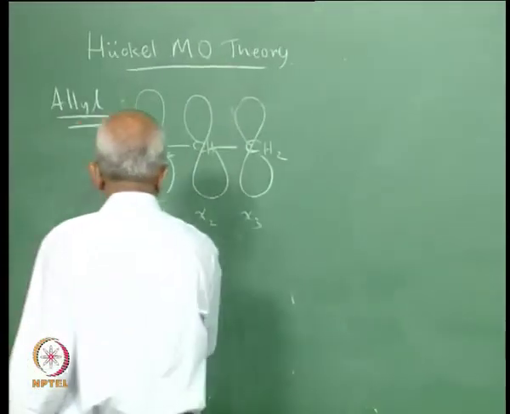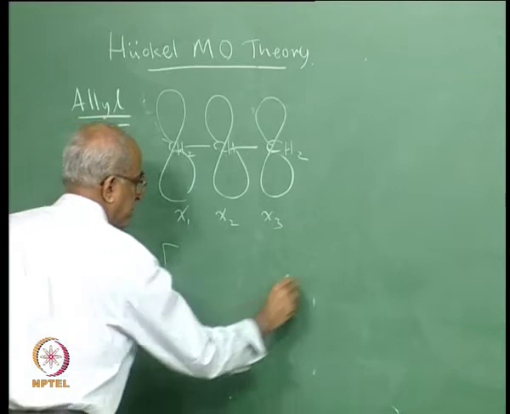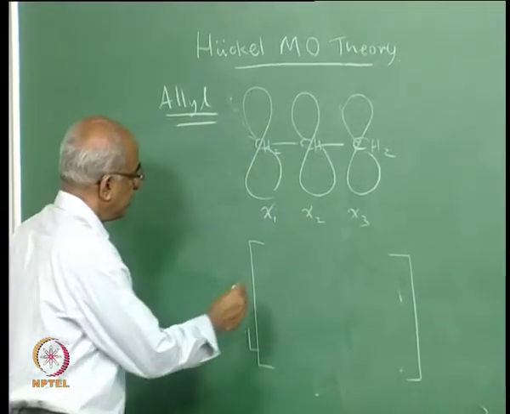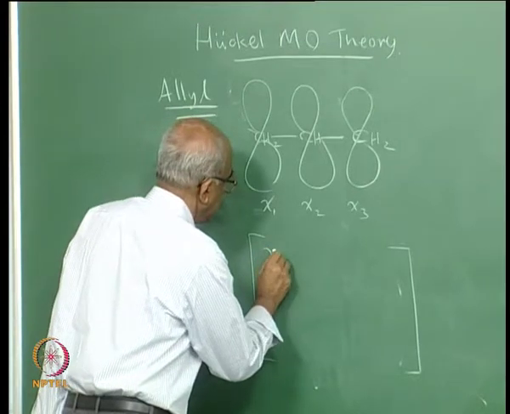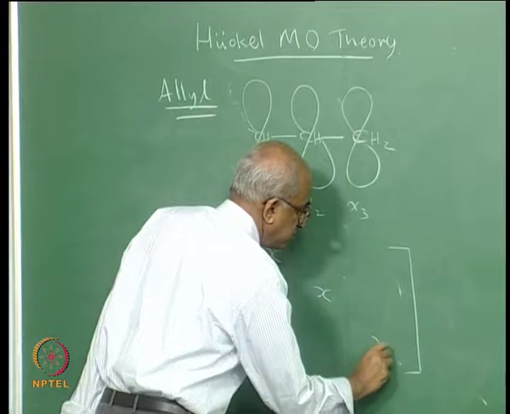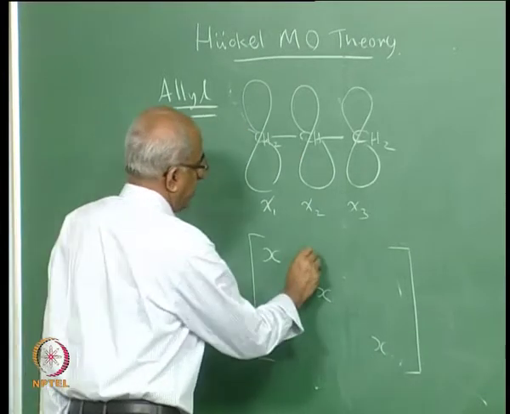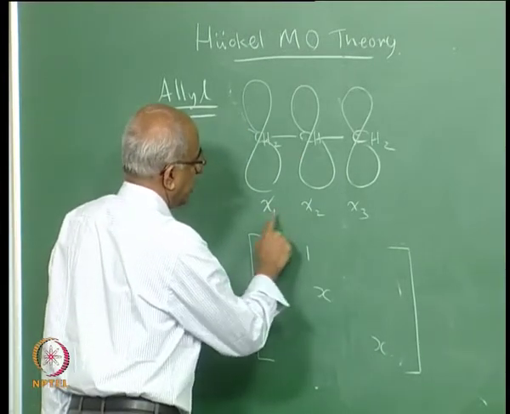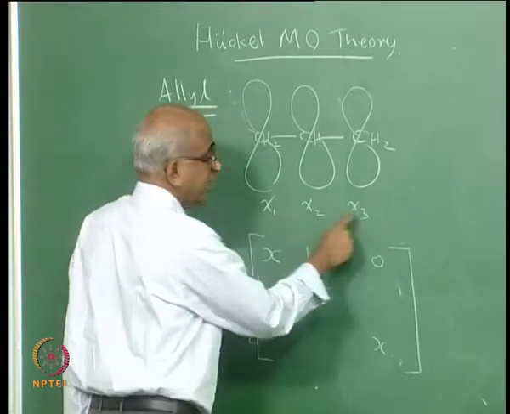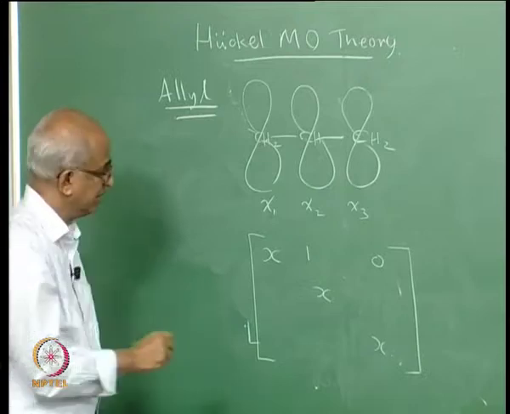And what will be the Huckel matrix? Naturally, the Huckel matrix will be a 3 by 3 matrix. How will you write it down? The diagonal elements are all equal to x. You will have a 1 here because atoms 1 and 2 are neighbors. You will have a 0 here because atoms 1 and 3 are not neighbors.